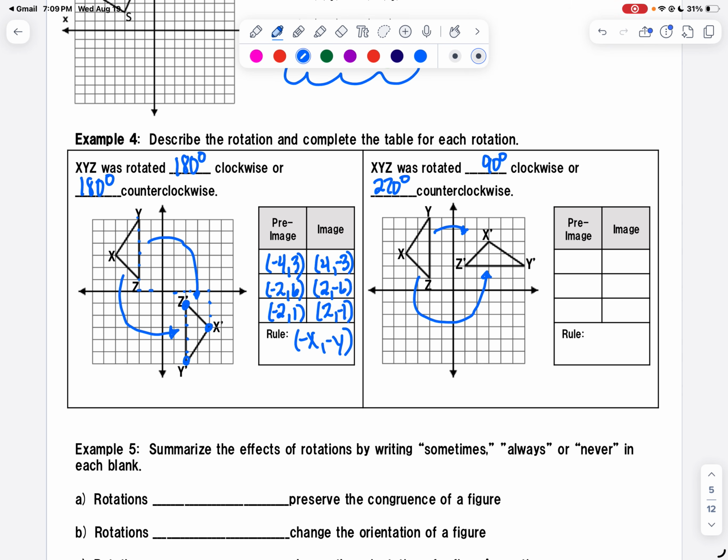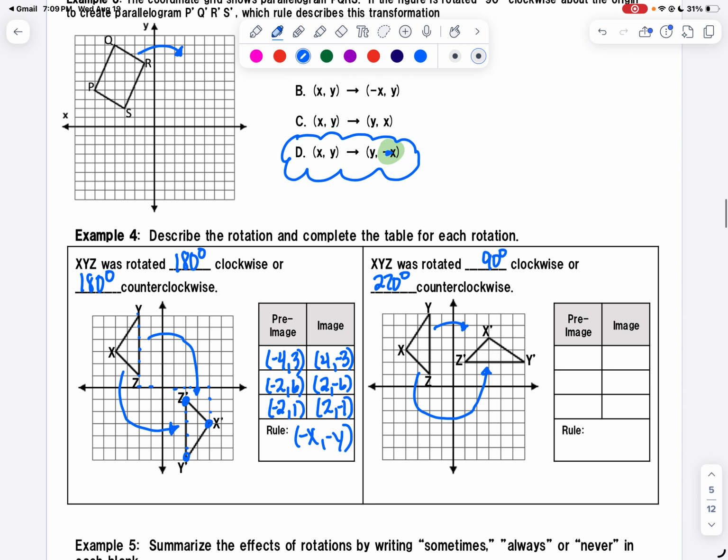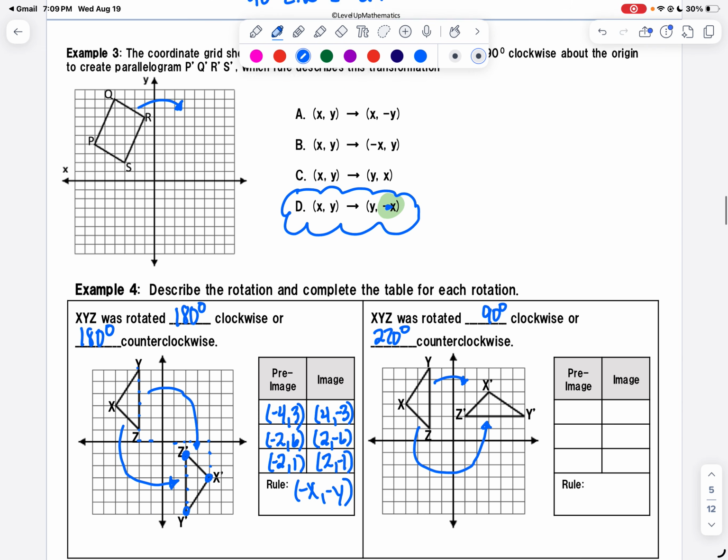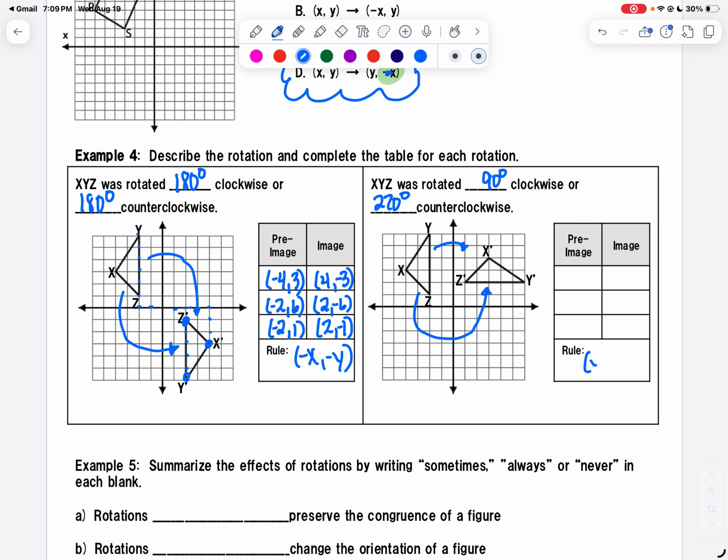Now, the rule for 90 degrees clockwise or 270 degrees counterclockwise is y, opposite x. Y, opposite x. So I already know the coordinates for my pre-image. I'm going to copy them from the first table. They were (-4, 3), (-2, 6), and (-2, 1).